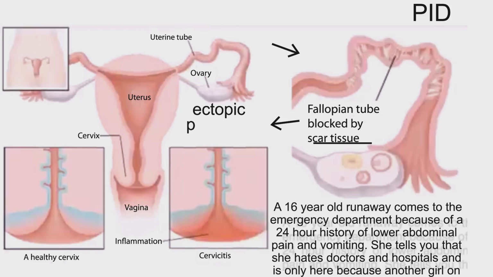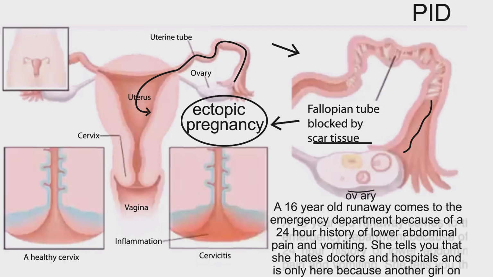Because ectopic pregnancies happen because when this ovary here releases an egg, it's not able to travel properly because of all the scar tissue. It's not able to travel all the way down and implant itself into the uterus, the endometrium. The scar tissue blocks it and ends up preventing it from migrating properly. So that's very important to remember, that PID predisposes to ectopic pregnancy.